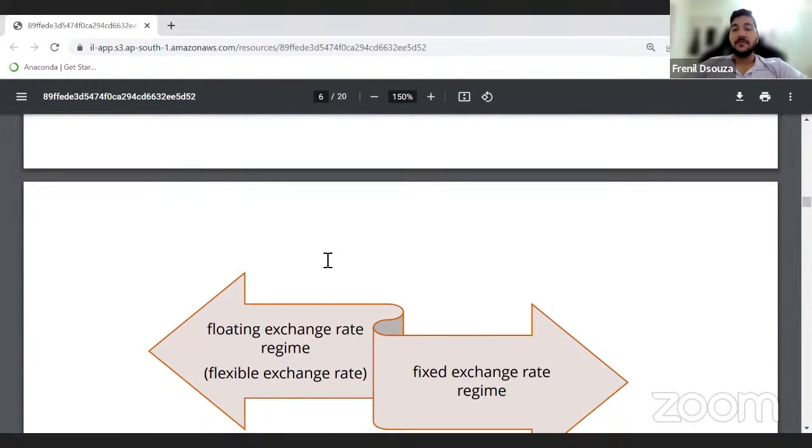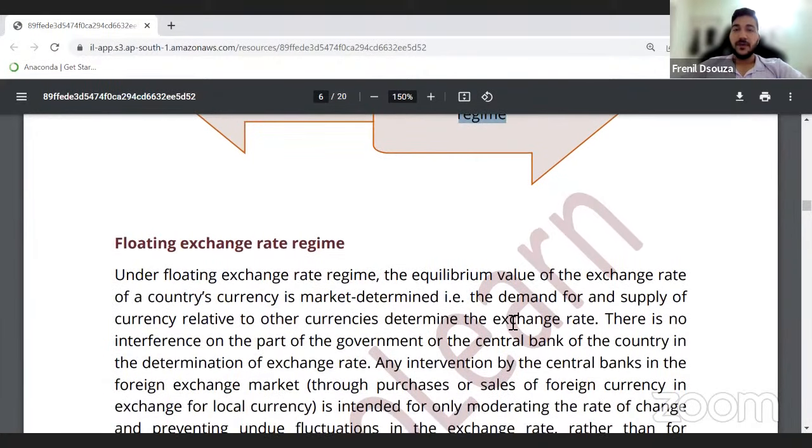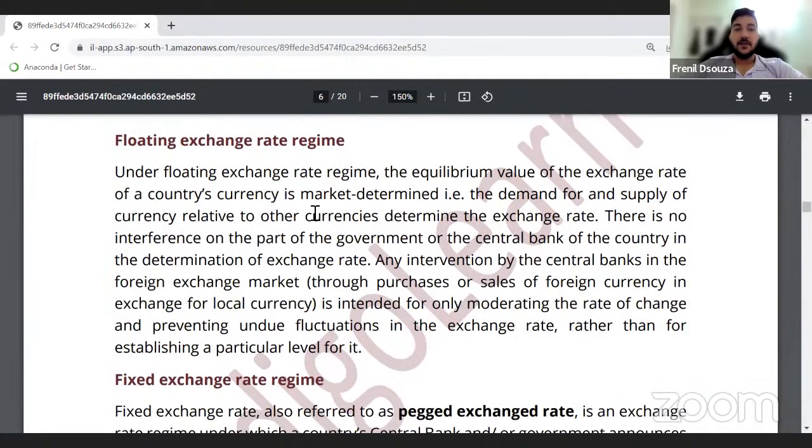All around the world, from a very broad perspective, there are two different types of how the exchange rates are determined. Okay, one is called floating exchange rate regime, and the second one is called fixed exchange rate regime. Now, in floating exchange rate regime, what happens? Simple.